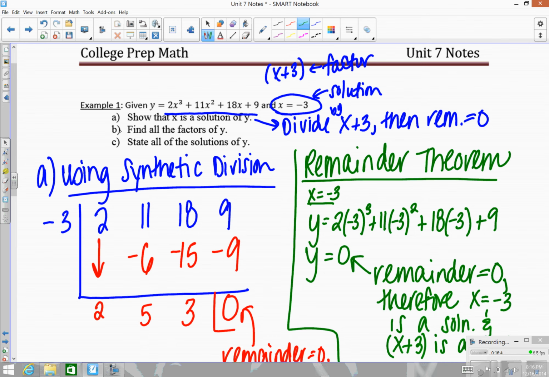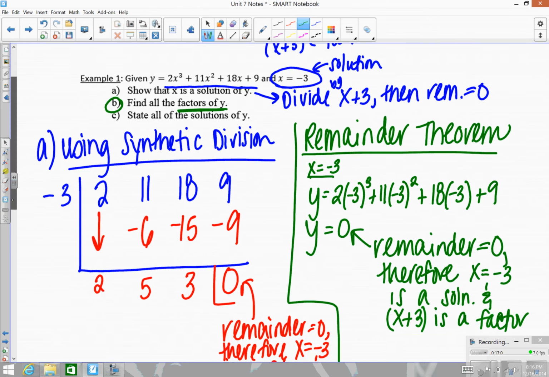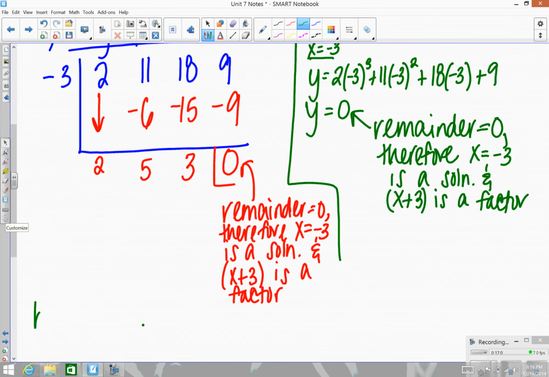So part B is asking you to find all of the factors. What that means is, so far, I divided everything by x plus 3, and I found that x plus 3 is a factor because the remainder equals 0. So for part B, I already know one of the factors.